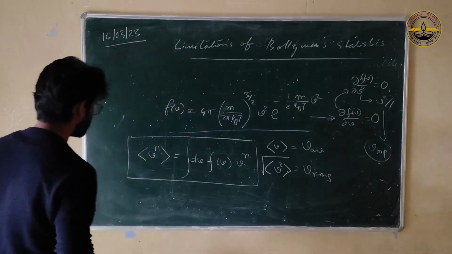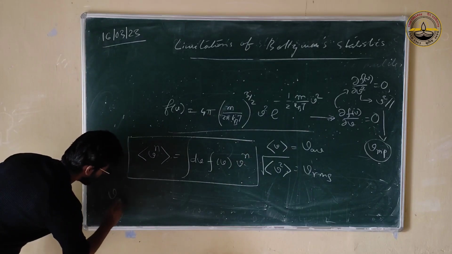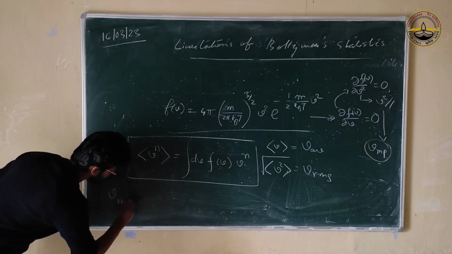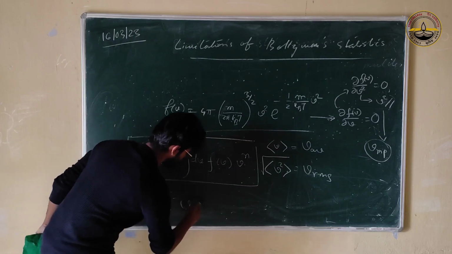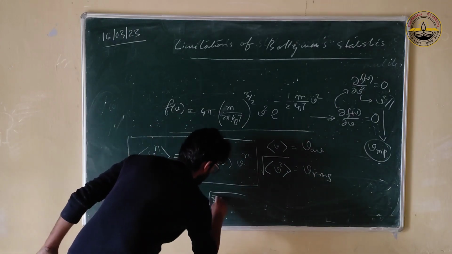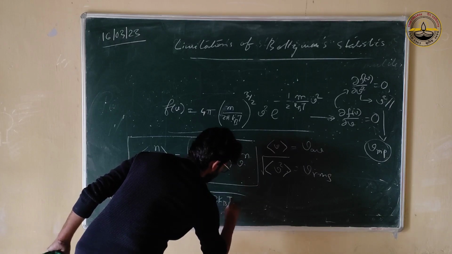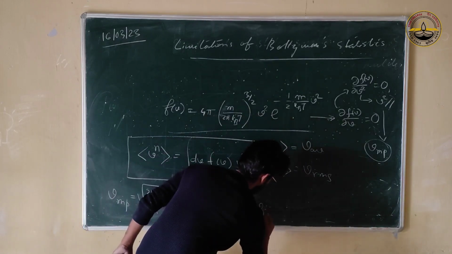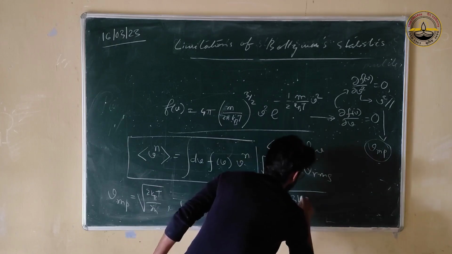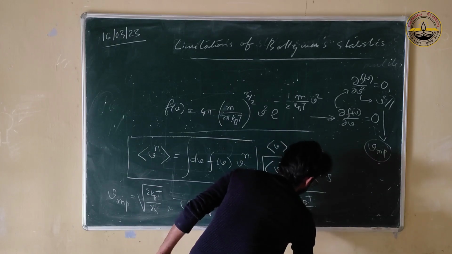So let me just write down their values. The most probable is square root of 2 k_B T by m. The average is square root of 8 k_B T by pi m, and the RMS is square root of 3 k_B T by m.